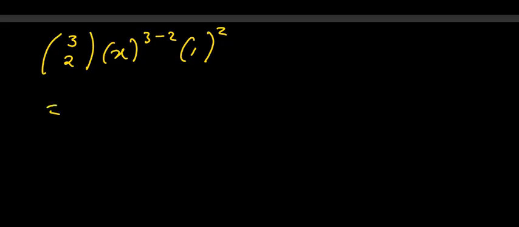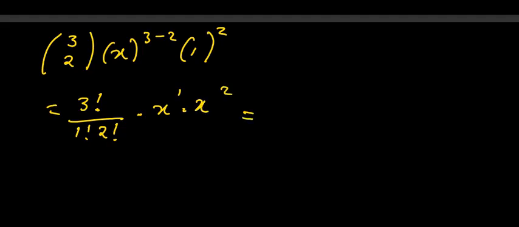Then 3 choose 2. We can get it the long way, using 1 factorial and 2 factorial. This is 3. Then you have x. Sorry guys, this is a 1 here, so it just disappears. So this is what I'm getting to be my third term.